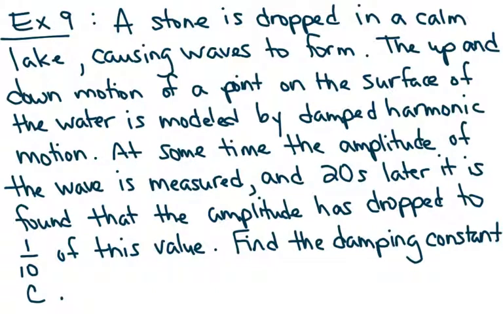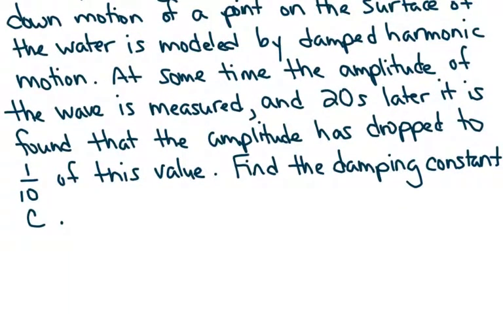All right, so since we're only talking about the amplitude, because the amplitude is governed by K e raised to the negative CT, we're going to use this and create an equation to find out what C is.